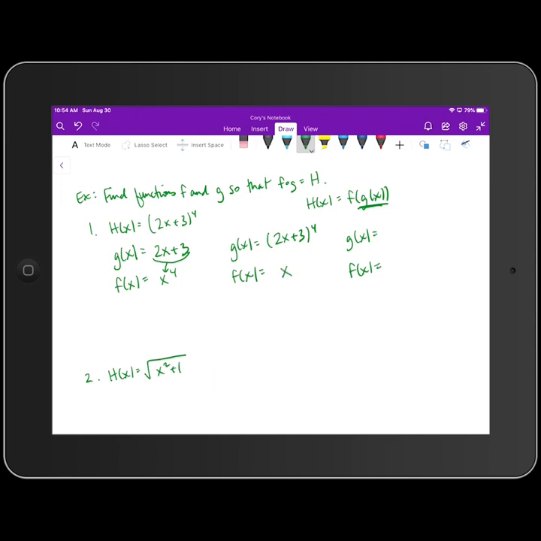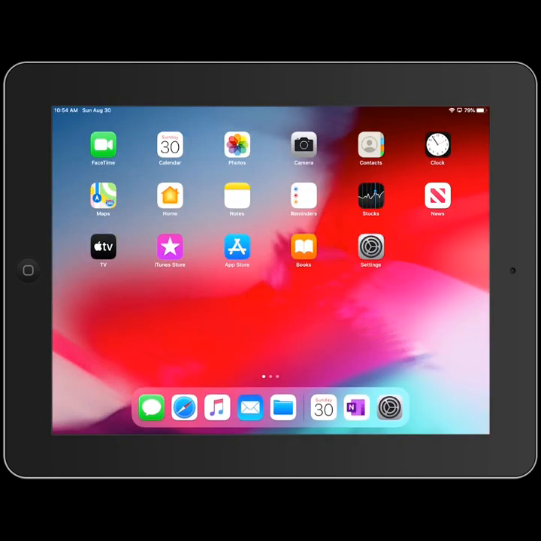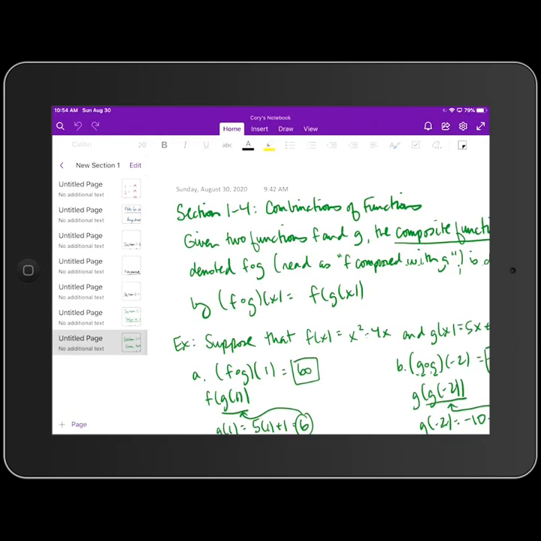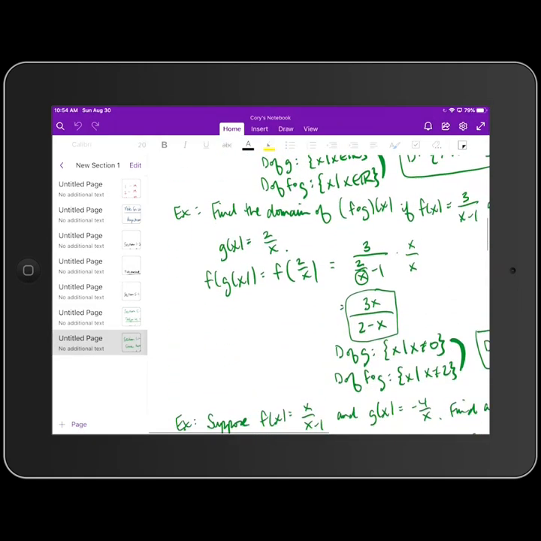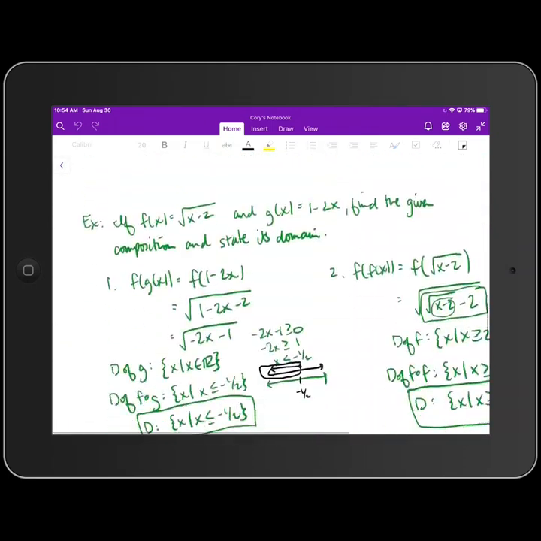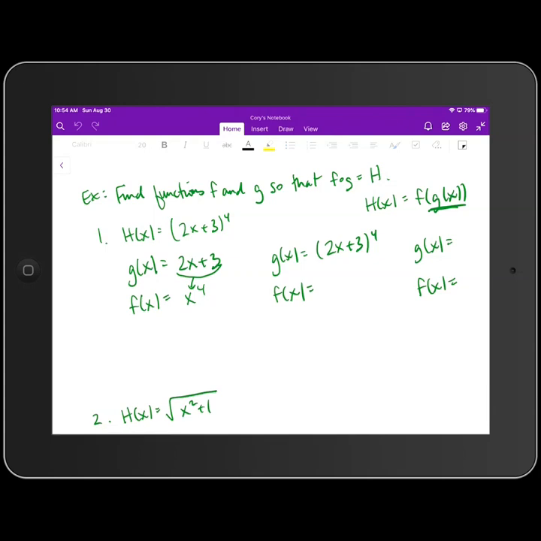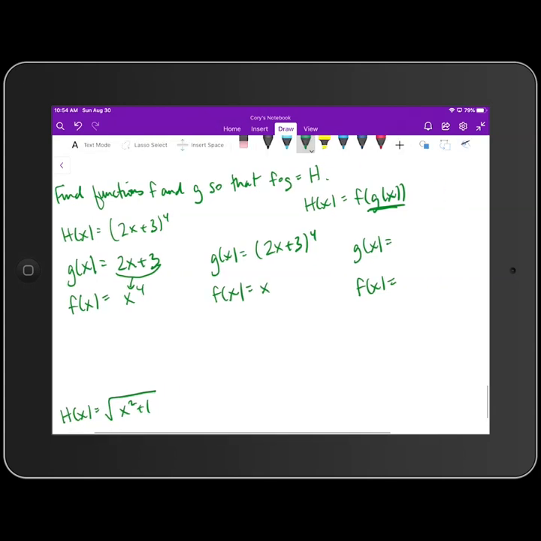So those are two functions, f and g, so that f composed with g is going to be equal to h. Sorry. So again, f of x was equal to x.